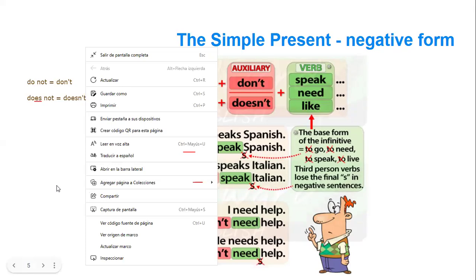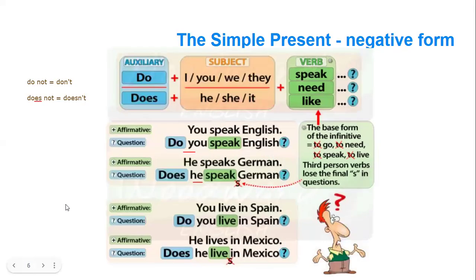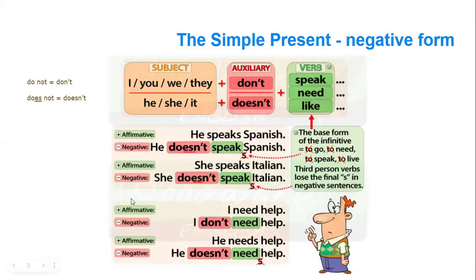No question. Okay, so we have another example here, before going to the questions. Catherine, can you read the first one? I need help. Negative. I don't need help. Okay, all right. I don't need help.